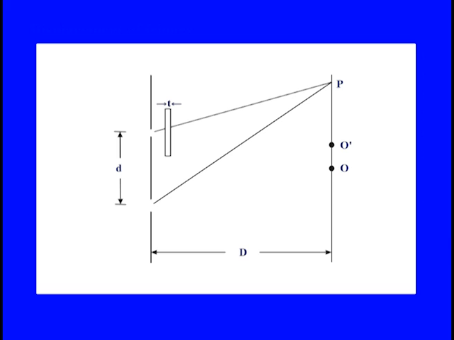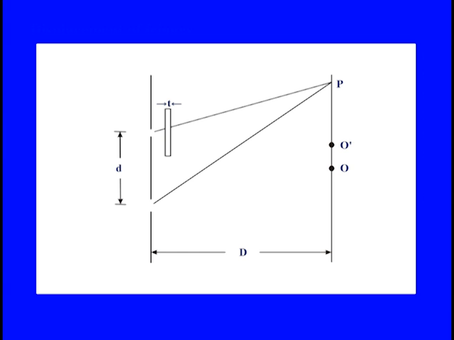Now, I will discuss what will happen if we put a glass plate in the path of one of the interfering beams. So, let us take the example of Young's double slit experiment.